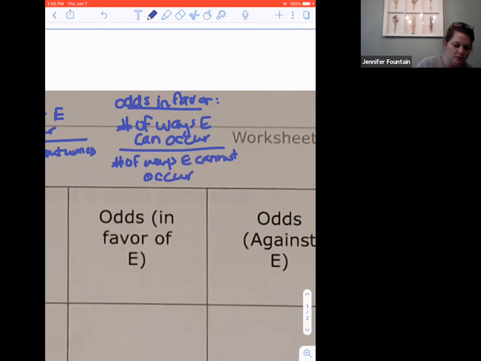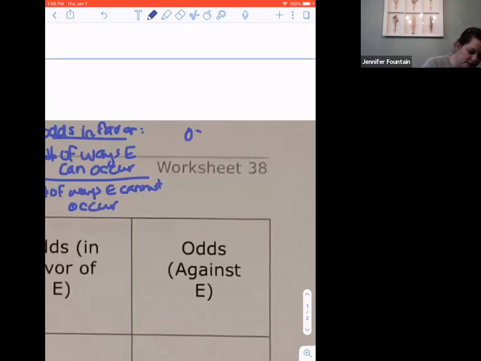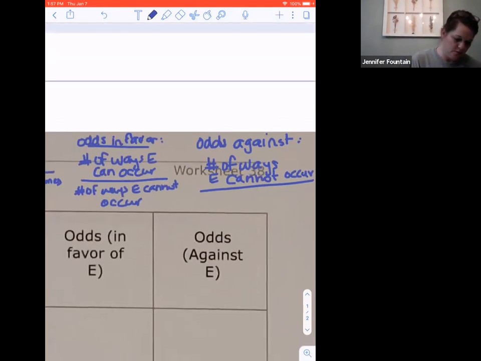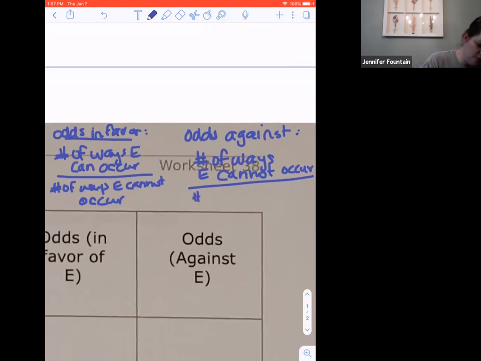Okay, so then when I do odds against, I have got my number of ways E cannot occur over number of ways E can occur.